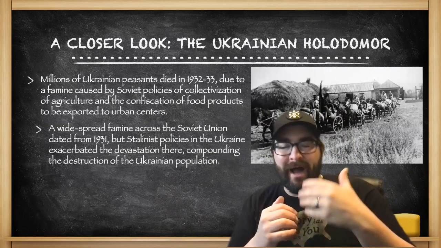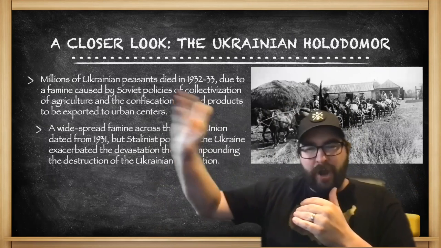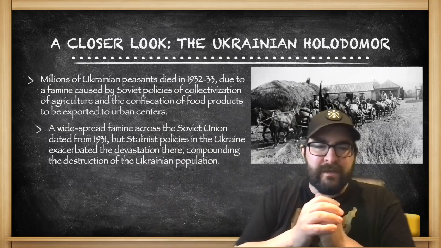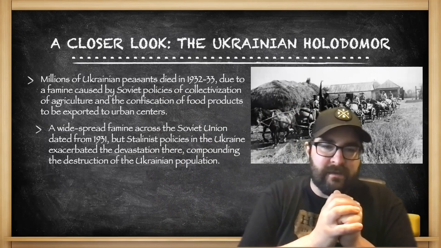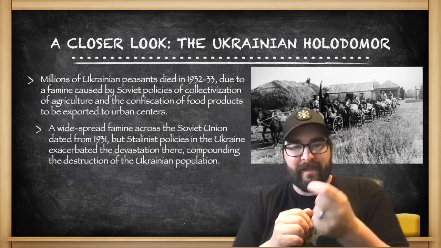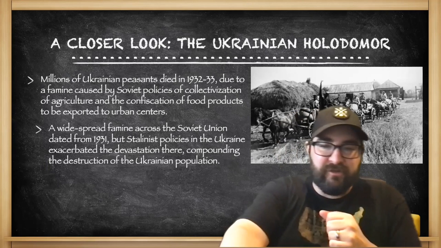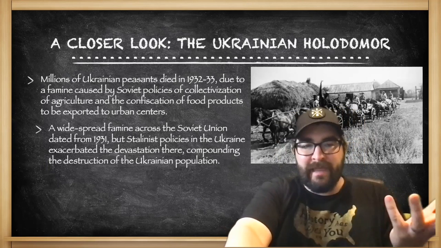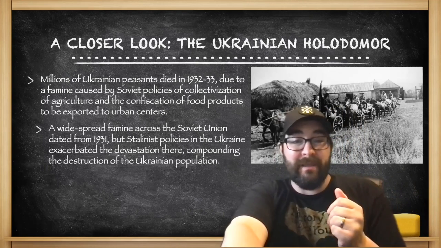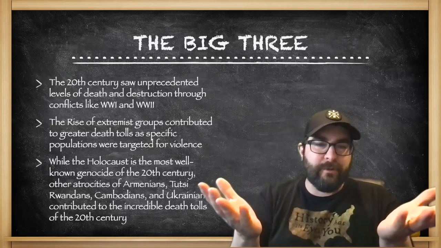This would lead to a widespread famine that had already been existing elsewhere in the Soviet Union, but exacerbated in the Ukraine as these Stalinist policies made the devastation there even worse, and led to the deaths of upwards of 4 million Ukrainians.